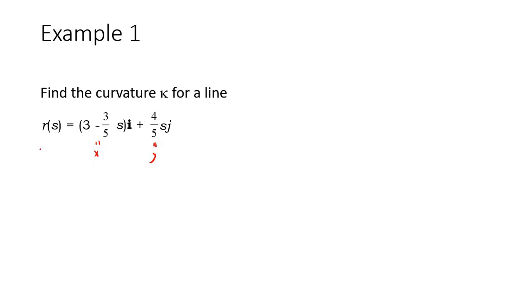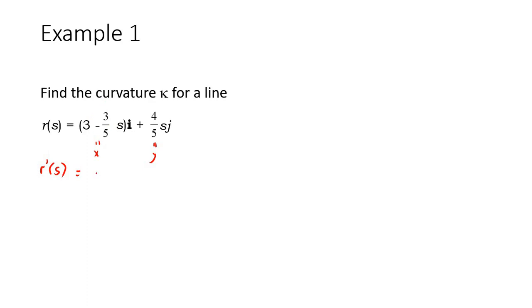Then to find T prime s, first of all we have to find r prime s. r prime s is the derivative of r with respect to s, at each component.